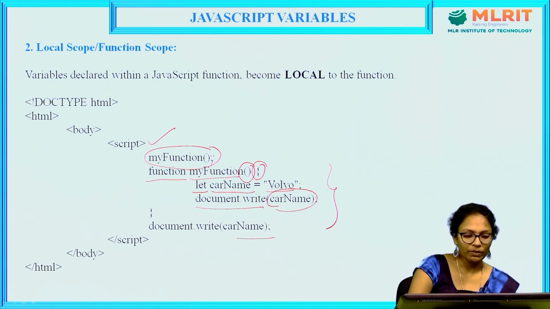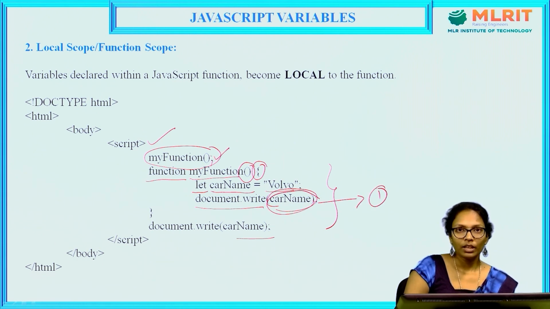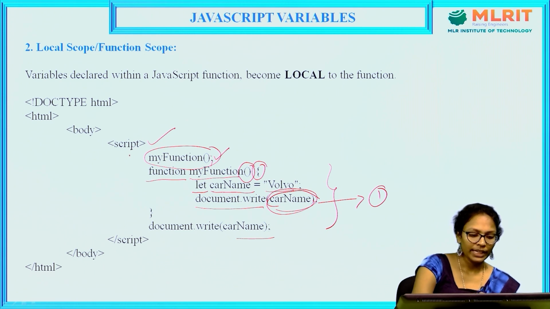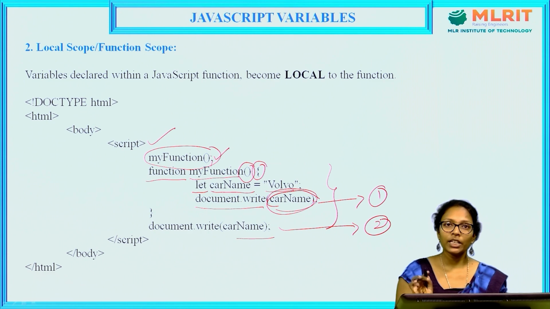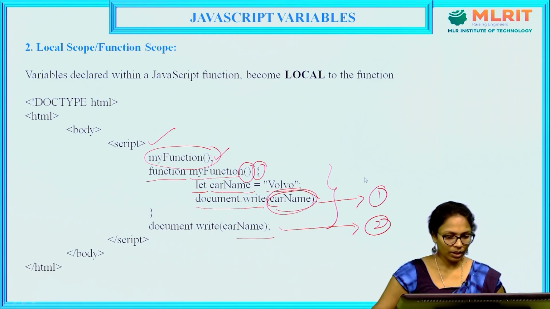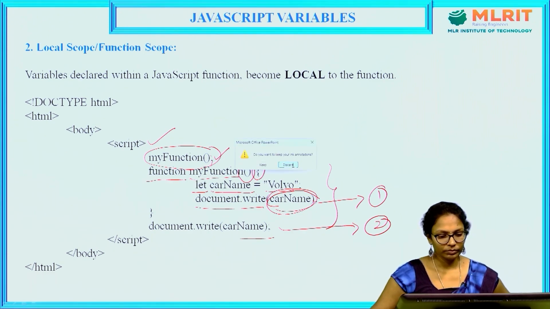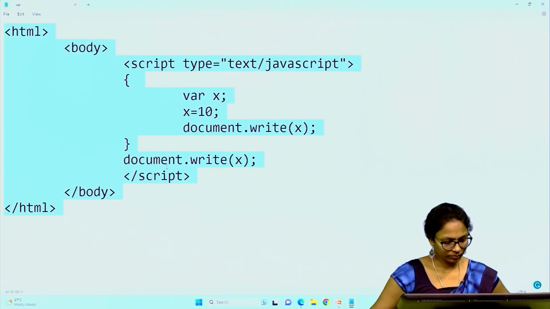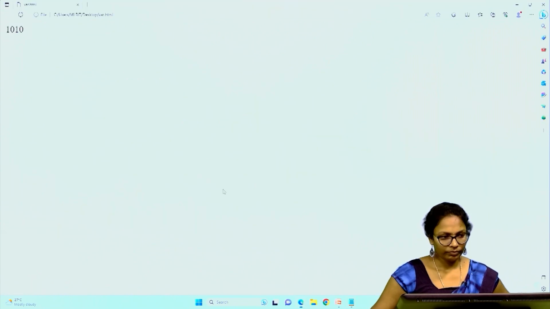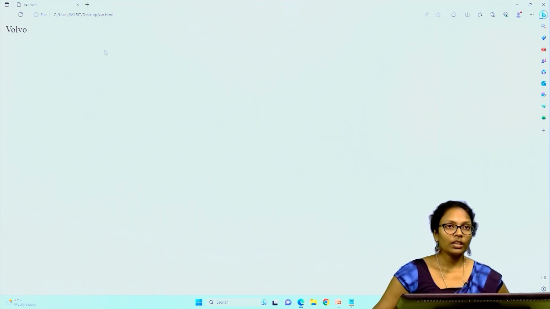So I should get this value two times. Why? Because whenever you call this function, one time you should get it. After closing this function, in the script you have one more statement for printing carName, so here also I should get it. We'll check the output. I am getting it only once.